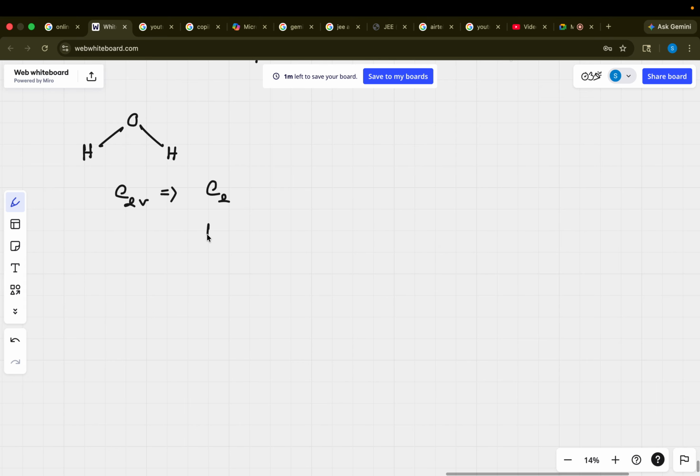So we have the C2 axis, we have E identical, then you have sigma xz, then you have sigma yz. Now the number of operations for the C2 axis is n minus 1, so it will be 2 minus 1 is equal to 1. For identical it will be 1, sigma xz will be 1, sigma yz will be 1. So in total how many operations are you getting? In total you are getting 4 operations.